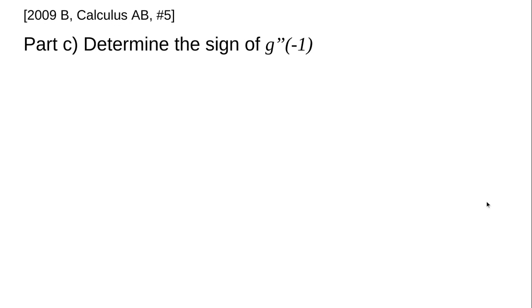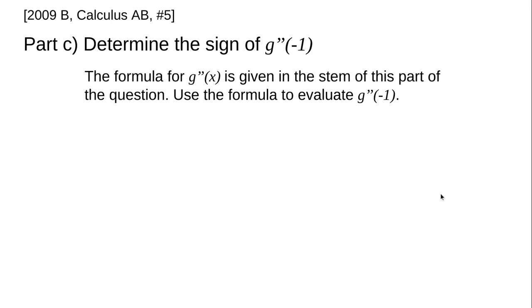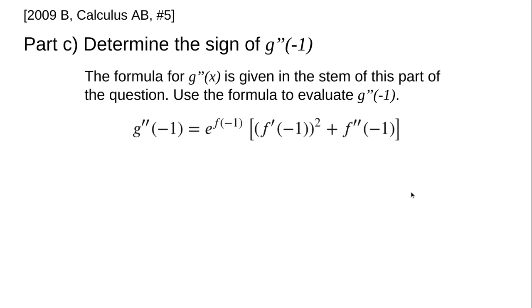In part C, we are asked to determine the sign of g double prime of negative 1. The formula for g double prime is given in the stem of this part of the question, so we use the formula to evaluate g double prime at negative 1. G double prime at negative 1 is e to the f of negative 1 times the group f prime of negative 1 squared plus f double prime of negative 1.